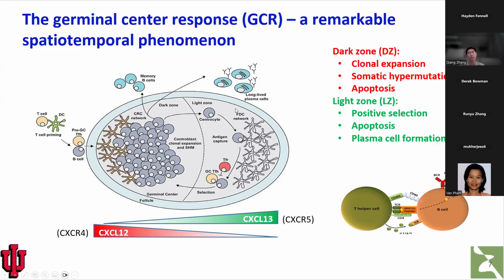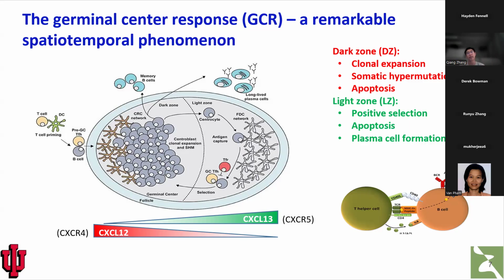So the antibody or BCR affinity for the antigen has changed from the previous cycle. As I said, this affinity of the BCR can be either improved or getting worse. But they go through the same selection process. Only those that have high affinity for the antigen will be more likely selected by the T cell over here, and then move back to the dark zone and proliferate for a number of times again.